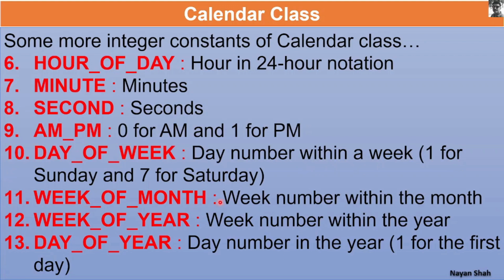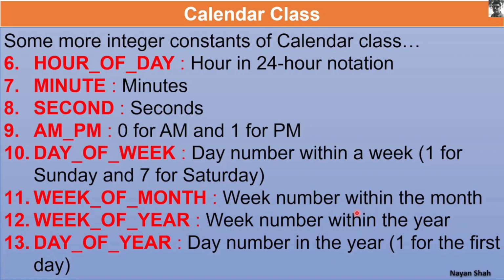WEEK_OF_MONTH gives the week number within the month. If I say today's date is 9th February 2022, then what is the number of the week? So it will give you 2, because that is the second week of the month. And then next is WEEK_OF_YEAR, which gives you the week number within the year.